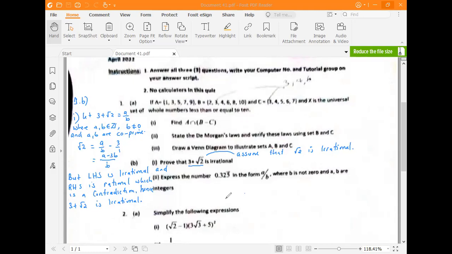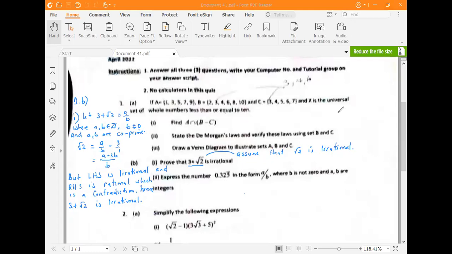Second, you make root 2 the subject of the formula. After that, you conclude. You say, oh, but the left-hand side is irrational. The right-hand side is rational. So the two cannot be equal.